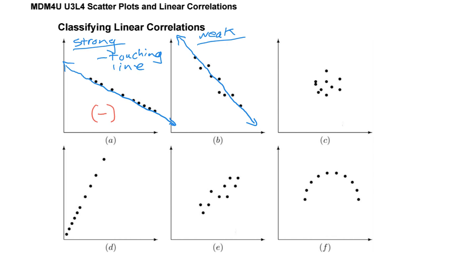So when you do these problems, for the first one, you're going to say this is a strong negative correlation.